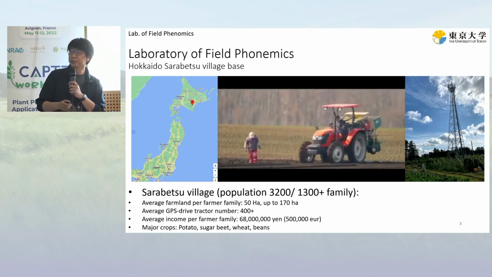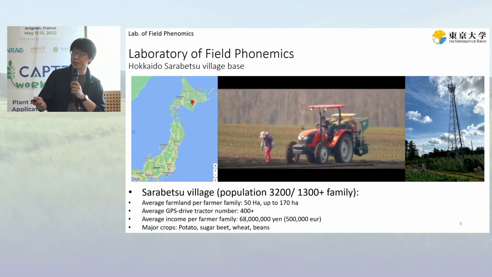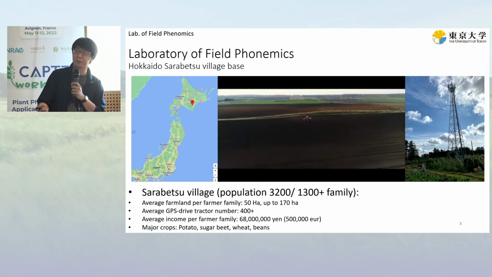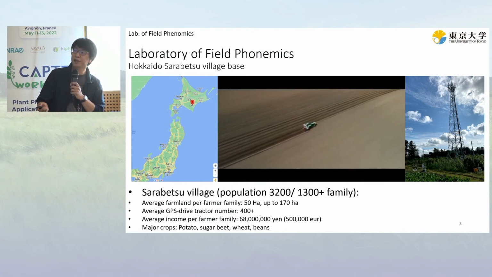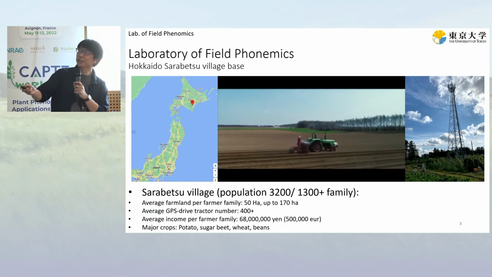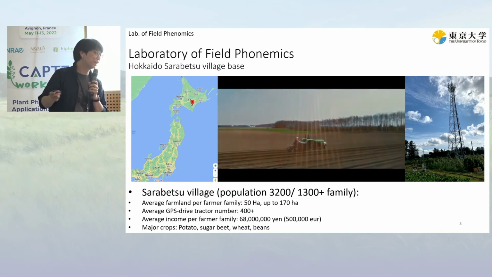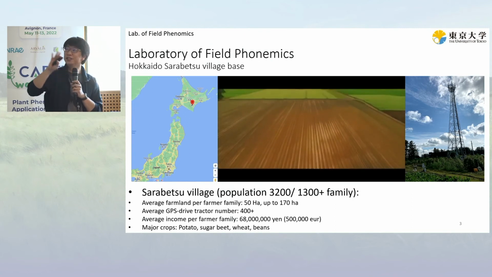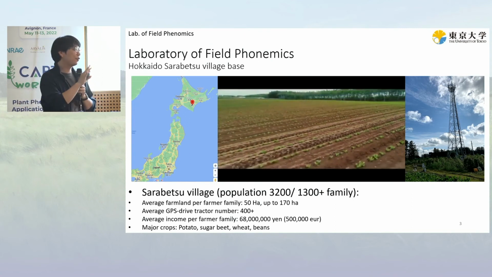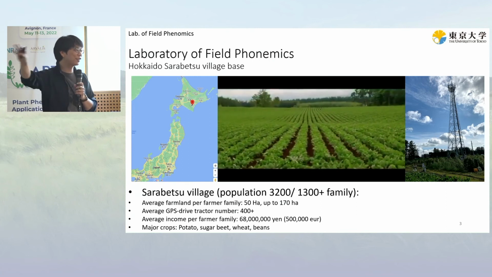And the most important thing is that this village invests a lot of money in our laboratory, and they have a huge number of tractor robots. You can see this is a 5G tower inside the field. This tiny village has 5G towers inside it.